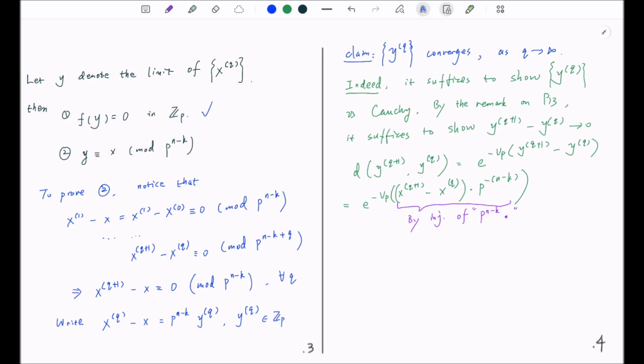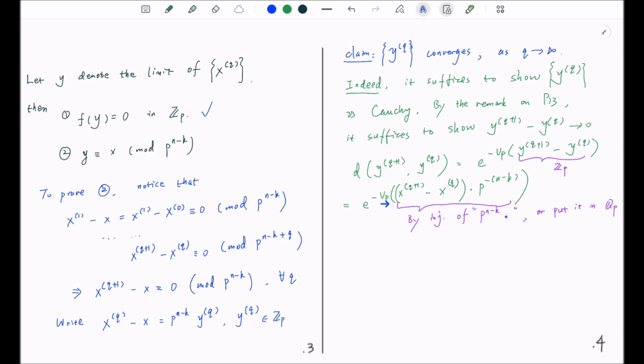So we can divide both sides by p to the negative n minus k. Or you can think of this happening in Qp. But this element is really in Zp, because this element is precisely this, and this guy is in Zp.